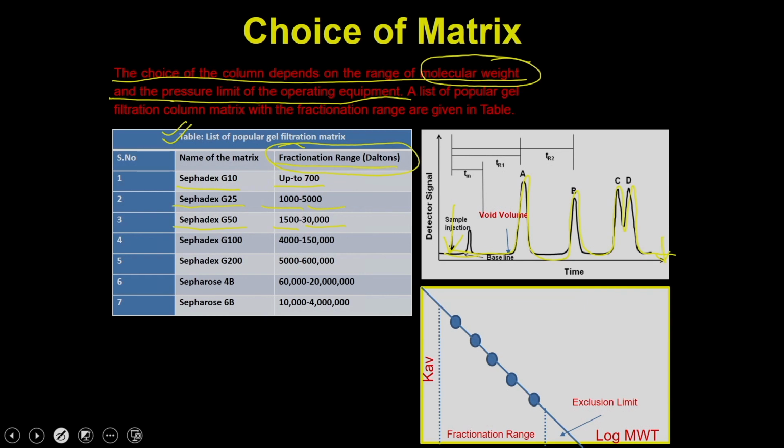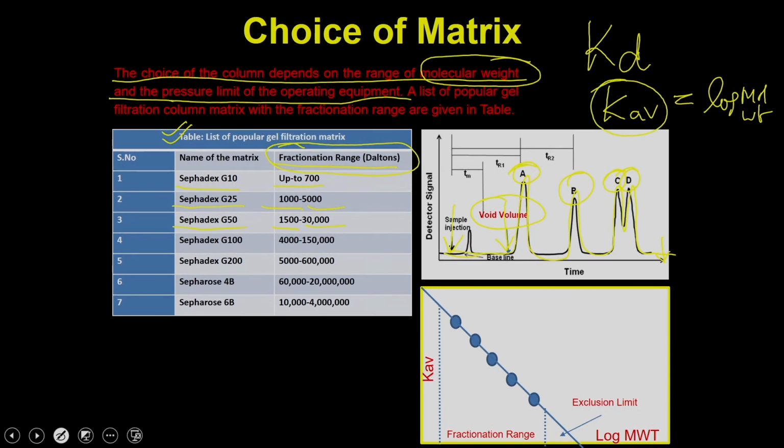And then what you see is the place which is called the void volume. So, if you plot and calculate the Kav of this column versus the log molecular weight, that is, if you take the molecular weight of these proteins and calculate the distribution coefficient versus the log molecular weight, what you will see is that the Kav and the log molecular weight maintain a linear relationship.